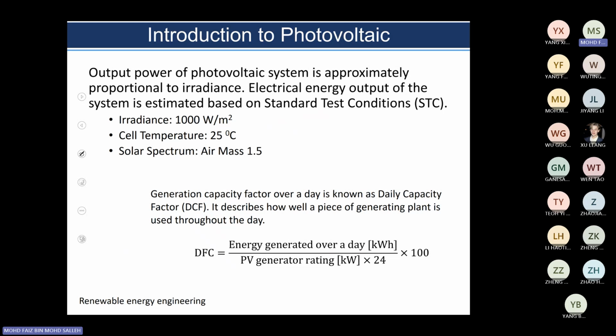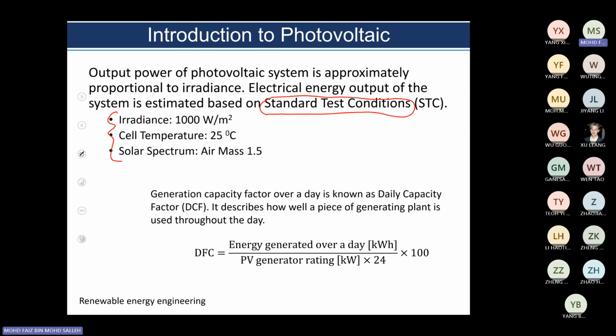Before this, I mentioned the standard test condition. Usually this is tested on a solar cell or a PV panel, a completed device. We consider these parameters: irradiance 1000 watts per meter squared, temperature 25 degrees, and solar spectrum at AM 1.5. We test at this condition and measure the power output, for example.